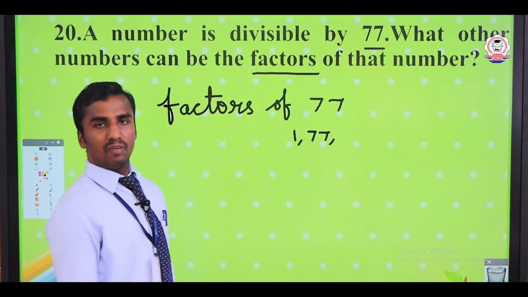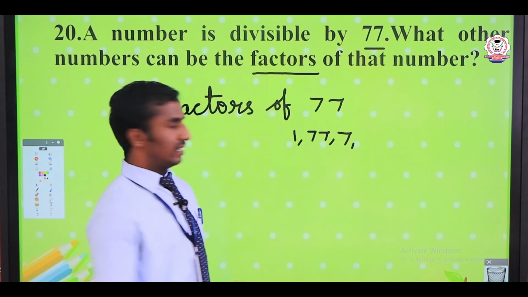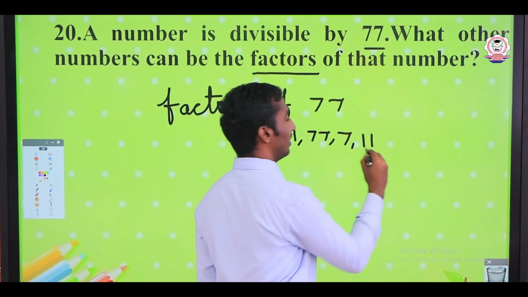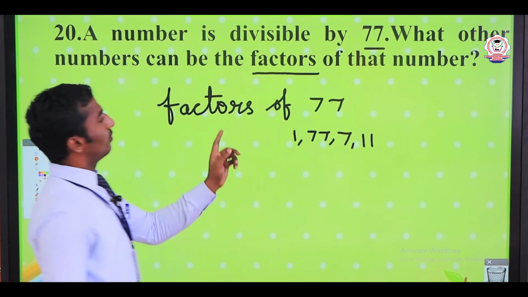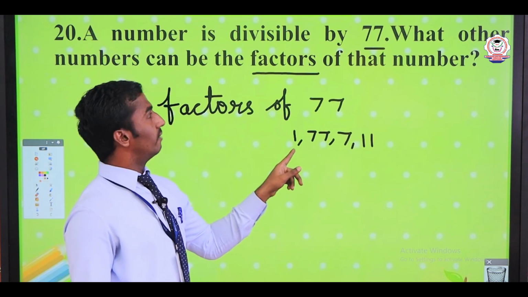Next, 7 table: 7 11s are 77 and 11 sevens are 77. So the factors of 77 are 1, 7, 11 and 77.